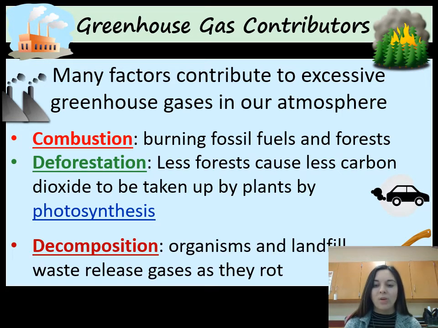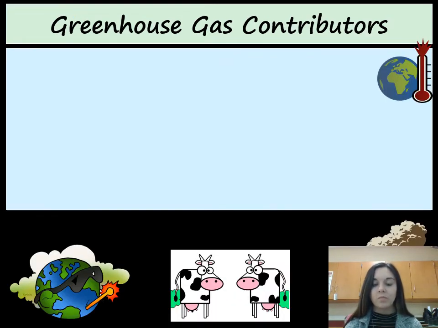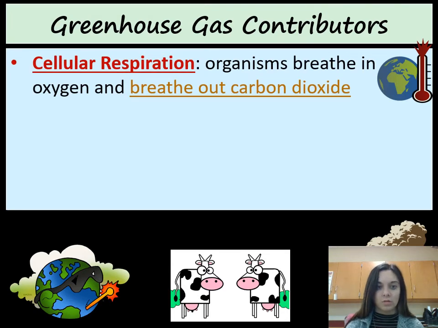Decomposition. So when things in the landfill or organisms after they die, as they begin to break down, they release gases while they're doing that. So also important to recycle rather than throw everything away to the landfill. Some more contributors. Cellular respiration. That's what we do. We breathe out that carbon dioxide.